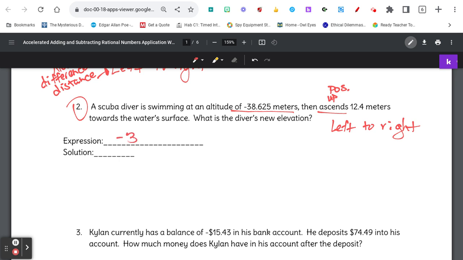So I'm going to start at negative 38 and 625 meters. I'm going to add, because it's ascend, 12 and 4/10 meters. Nothing indicates that I should put a negative on that. Ascends means the number is positive. You also could have written it with a double negative here.